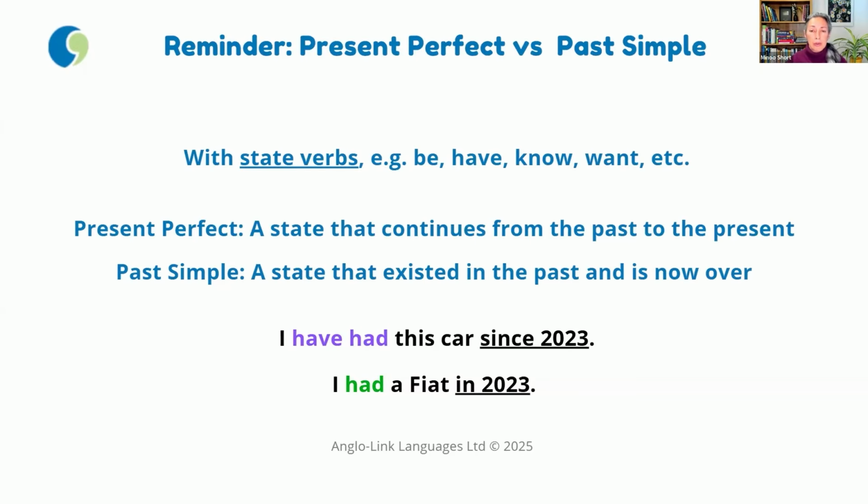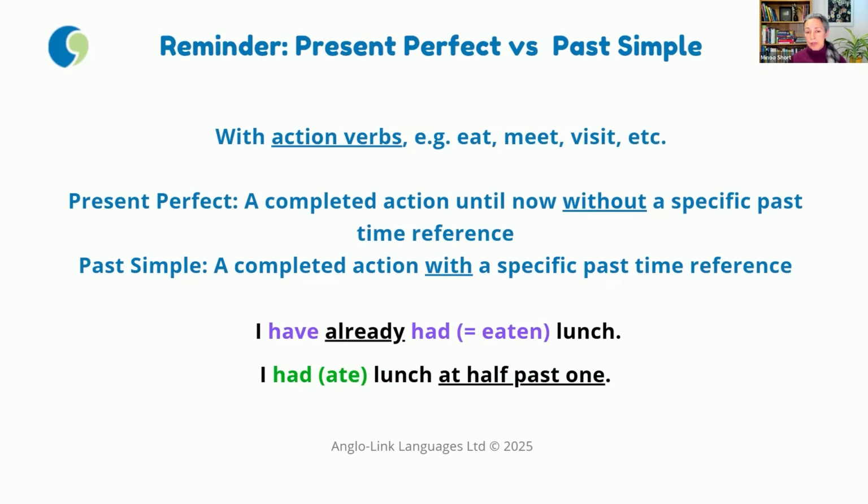And then one of our examples with action verbs was when we use the present perfect with an action verb, it is a completed action, but it's until now, without a very specific past time reference, whereas if we bring in a specific past time reference, we need to switch our tense to the past simple tense.